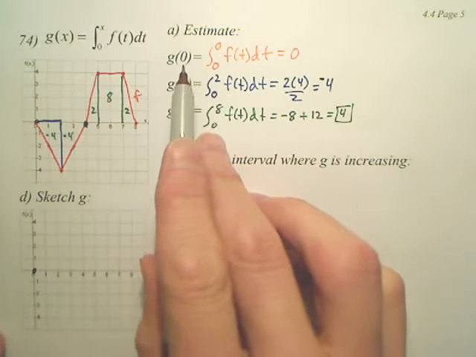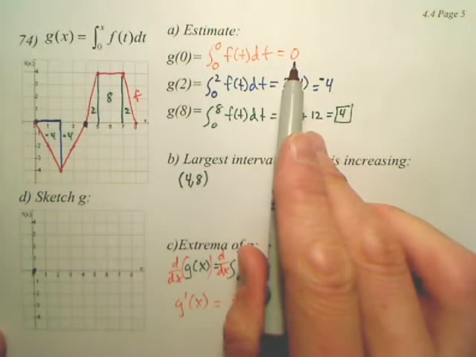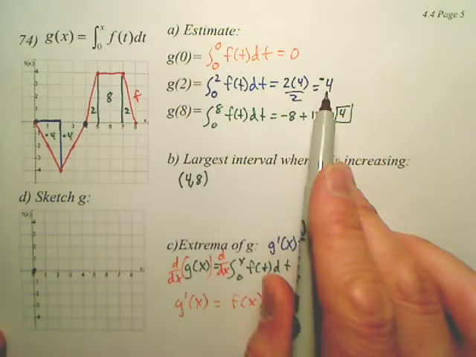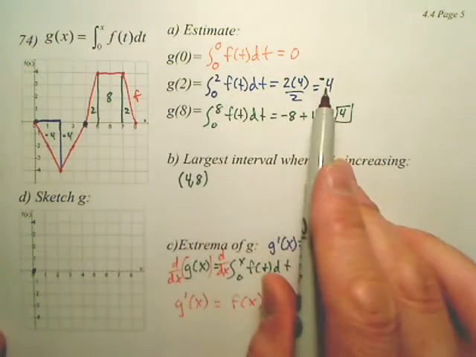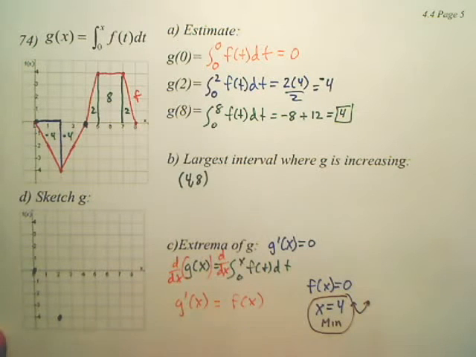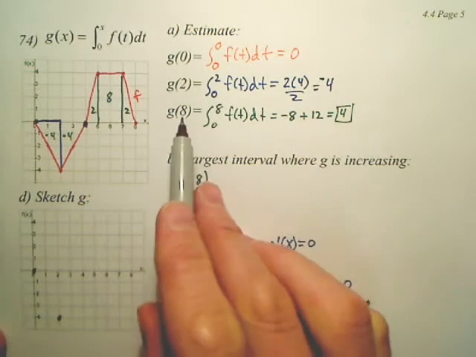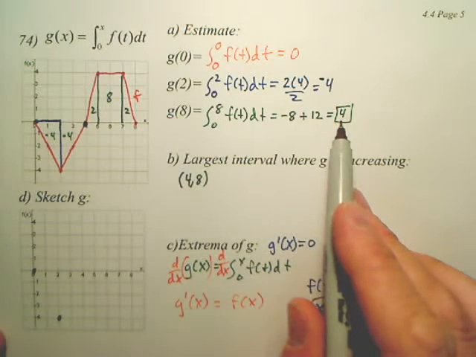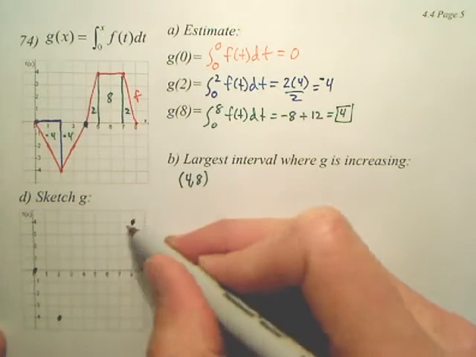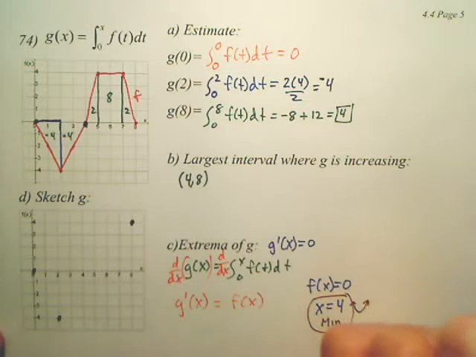Okay, because when I plug in 0, wasn't g of 0, 0? What was g of 2? G of 2 was negative 4, right? So can't you go over here at g of 2 and put a negative 4? What was g of 8? G of 8 is 4. So do I just connect all those dots?